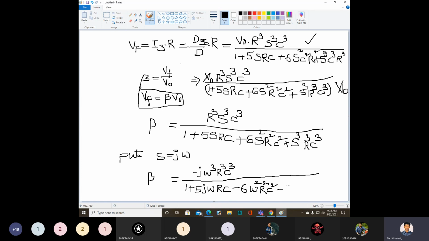Then here you have s cube, right? In the cube also a j square will be coming, so one more j will be there. j square means minus 1, so one more j we have. So you need to write it as it is, j cube, not omega cube. j square is minus 1 and one more j we have, so we get minus j omega cube r cube c cube.